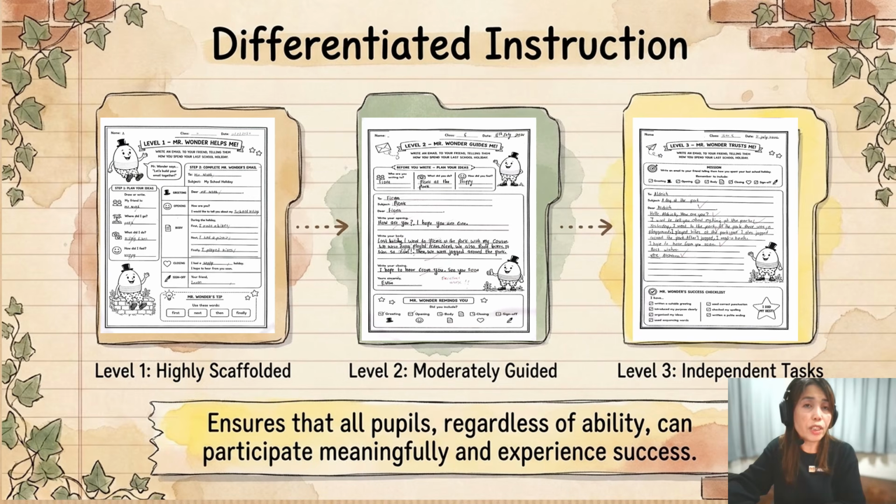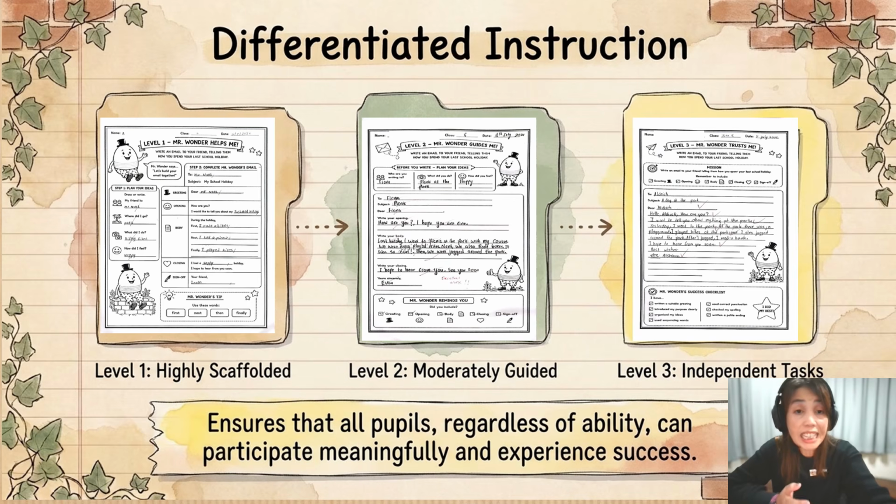An important element of this model is differentiation. Differentiation is built into the independent stage so that all pupils work toward the same meaningful outcome, which is writing an email, but they receive different levels of support.